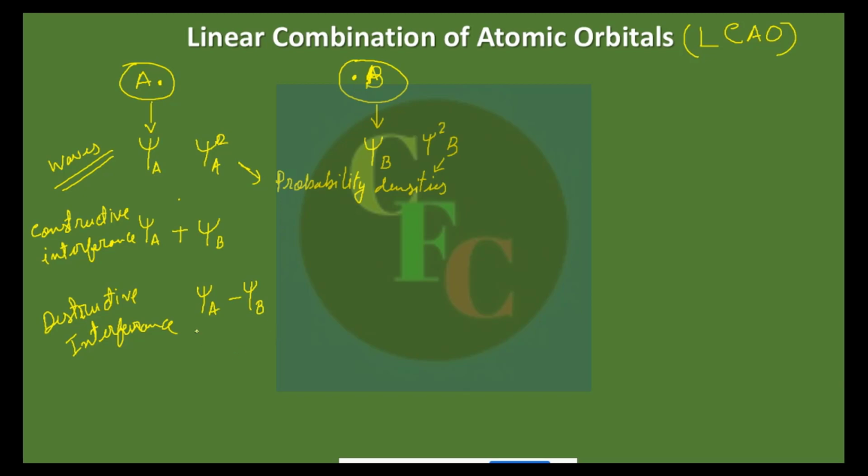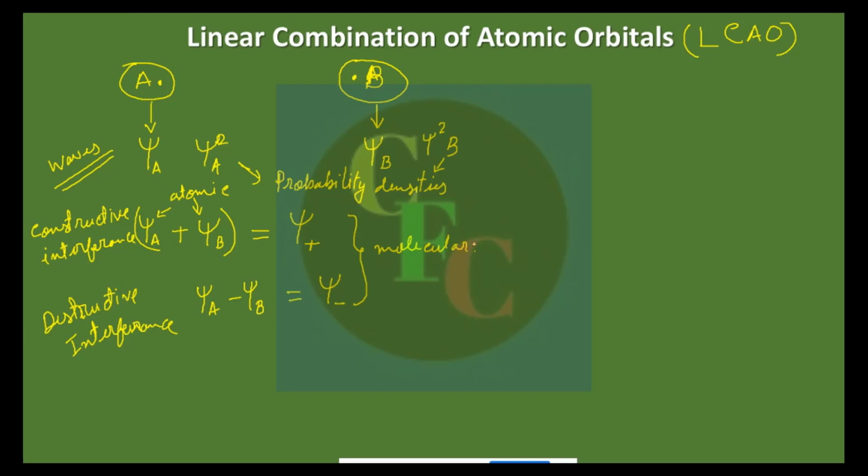Now if you add psi A with psi B, that is a linear combination, you get what we call psi plus, and this one psi minus. These were individual psi A and psi B of individual atoms, so atomic in nature, but after combination these become molecular.